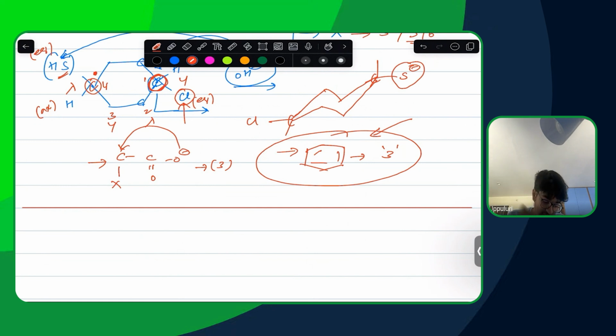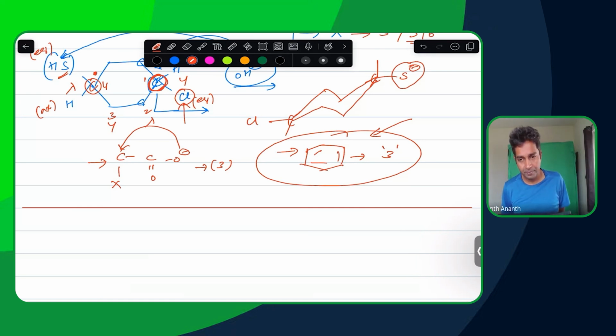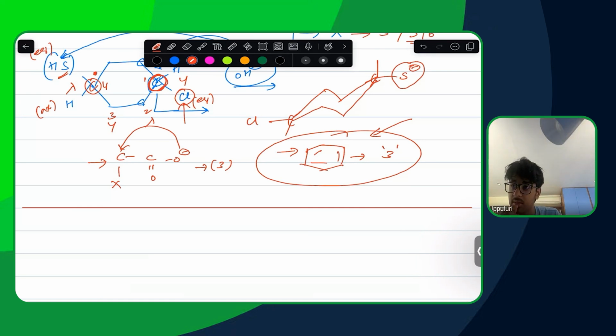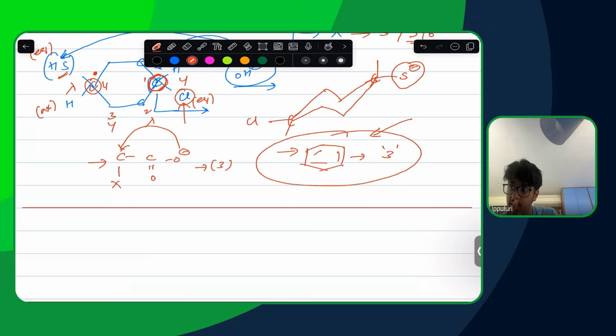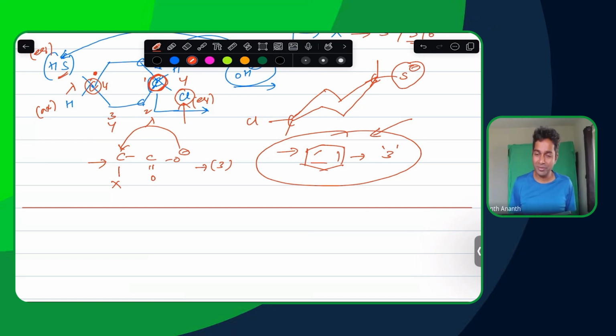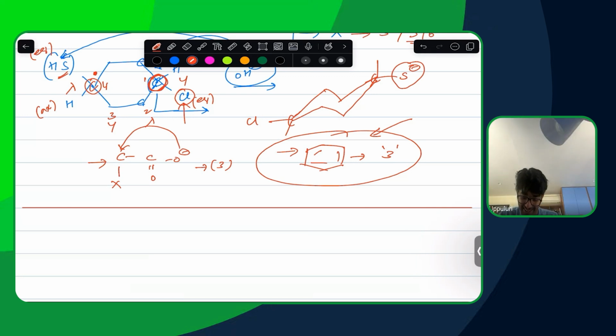It's cyclohexane with, at positions 1 and 2, CH3S and Cl, which are anti to each other. Send the photo. Okay, my brain is not able to comprehend it properly. Yes, sir.